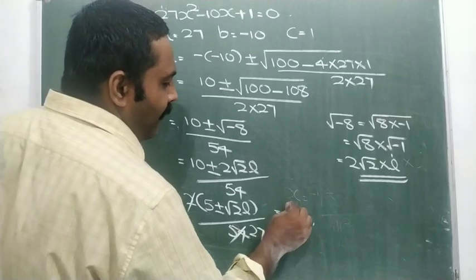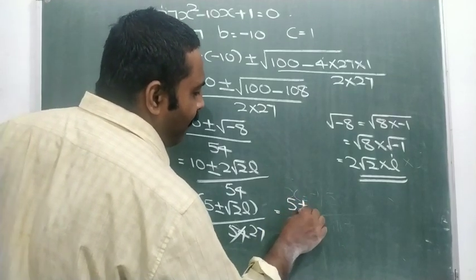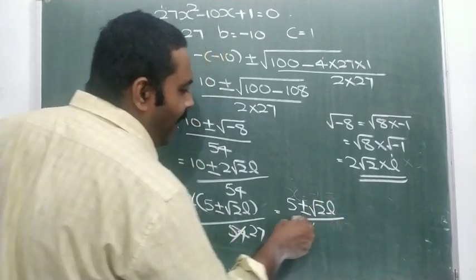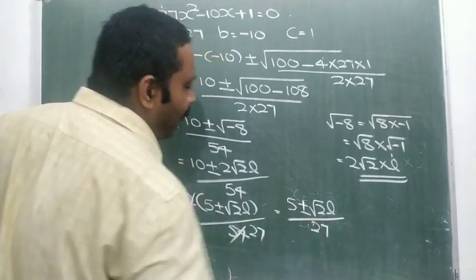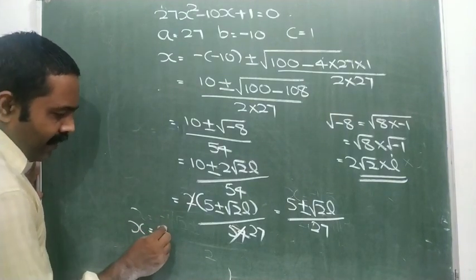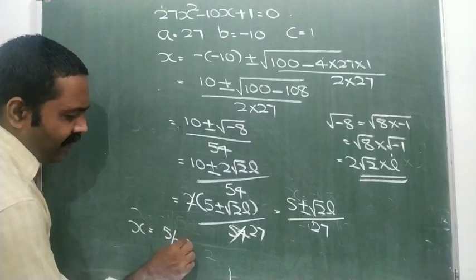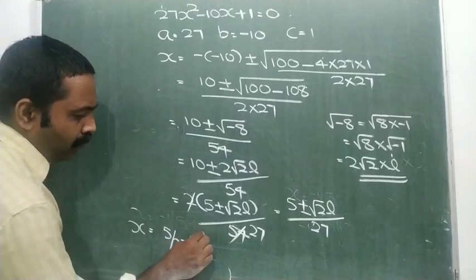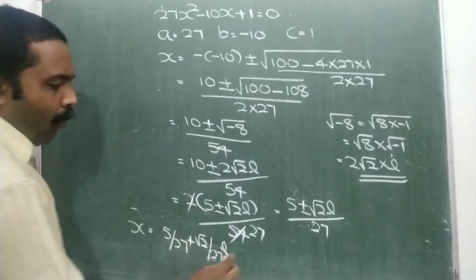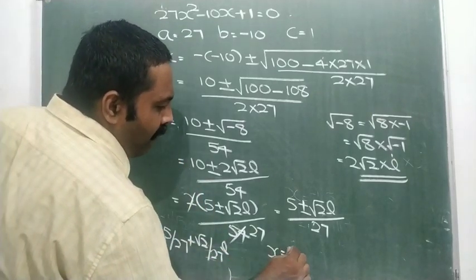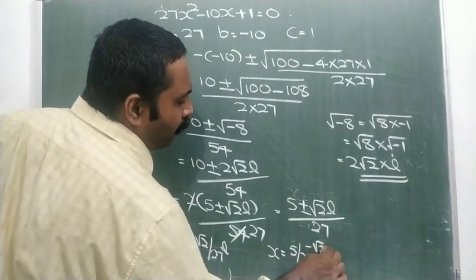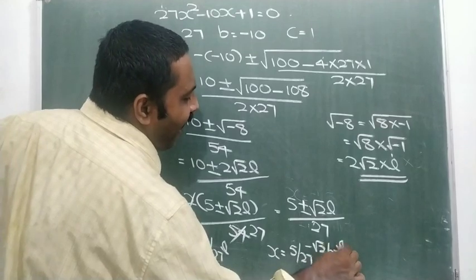That is, our answer is 5 plus or minus root 2 i by 27. Then x is equal to 5 by 27 plus root 2 by 27 i, or x is equal to 5 by 27 minus root 2 by 27 i.